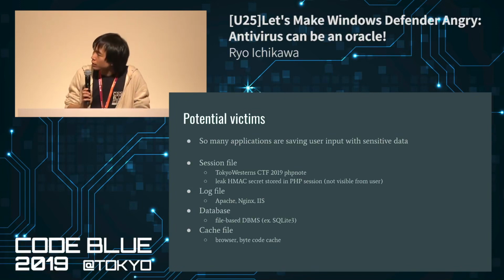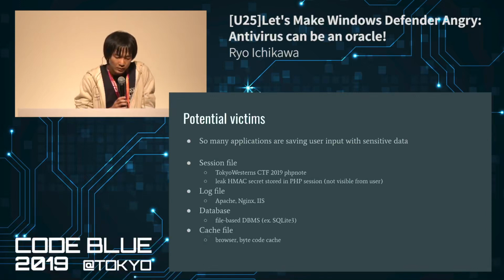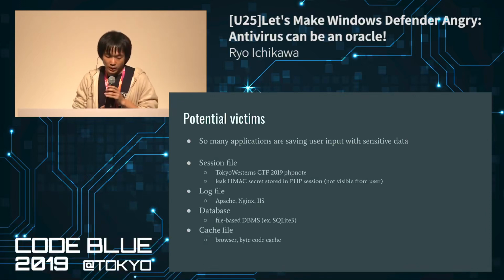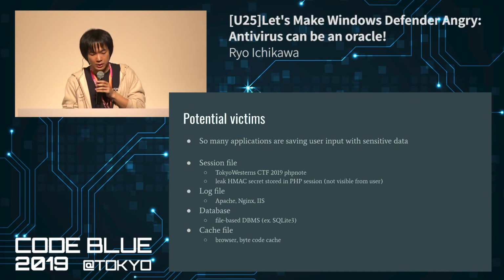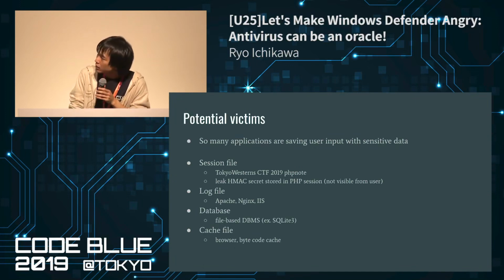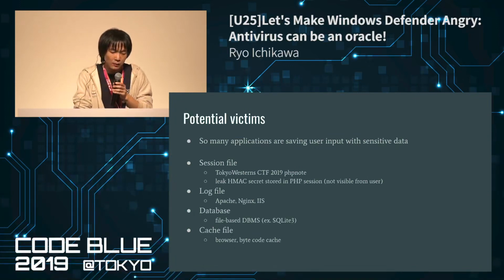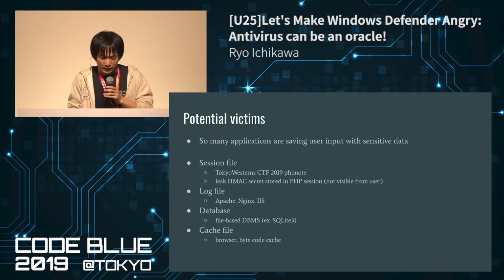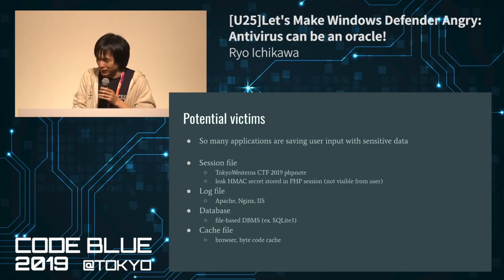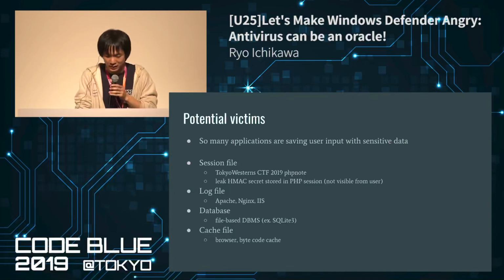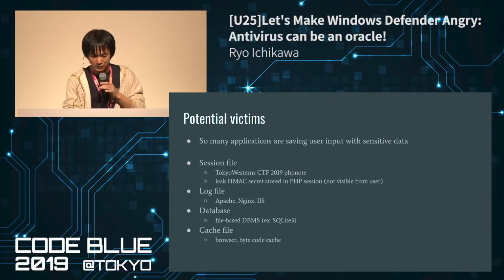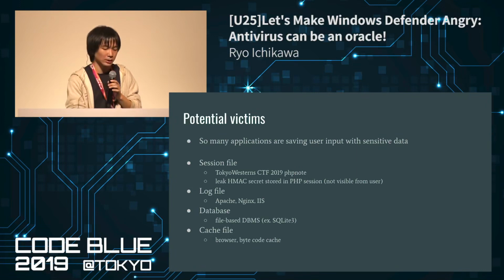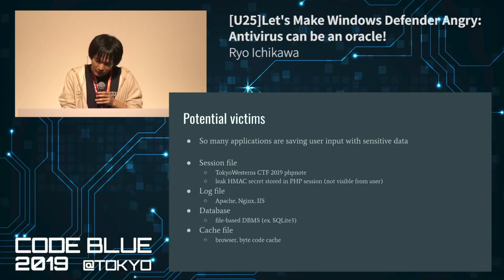Other victims will be log files, like the logs of web servers Apache, Nginx, IIS. Actually, I found some issues in IIS. I found that the log of IIS is detected as malicious if some malicious payloads are put into it.